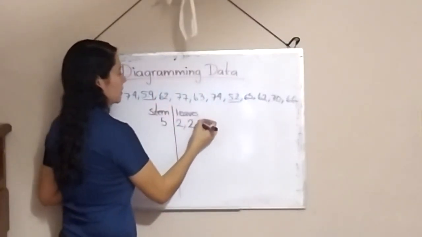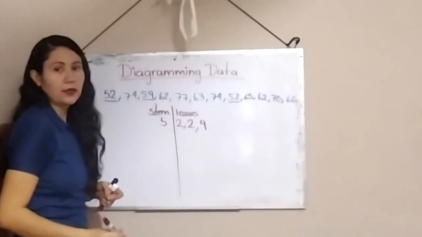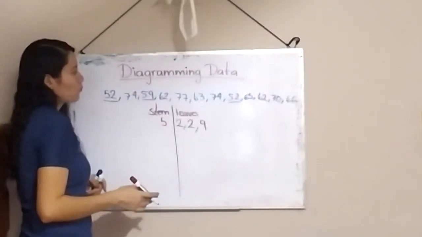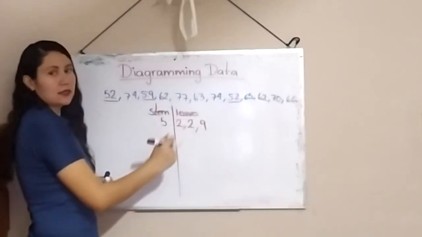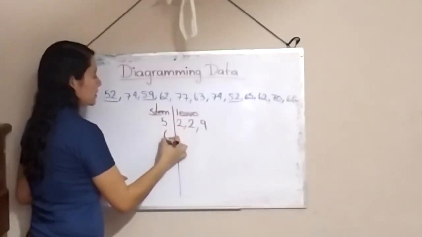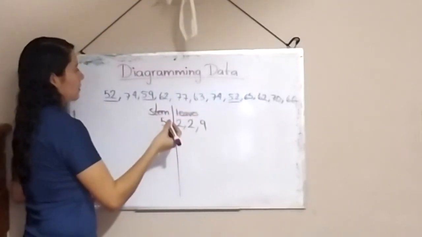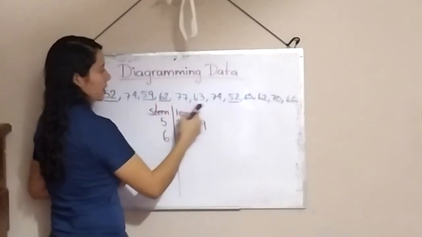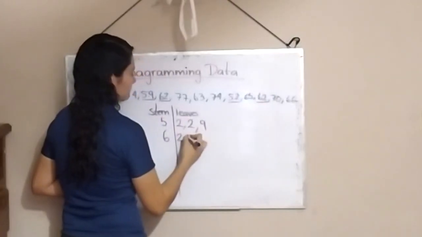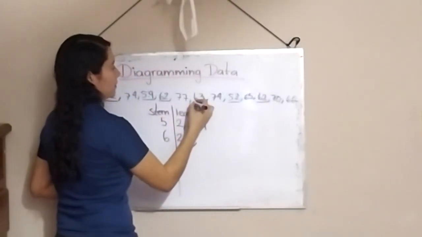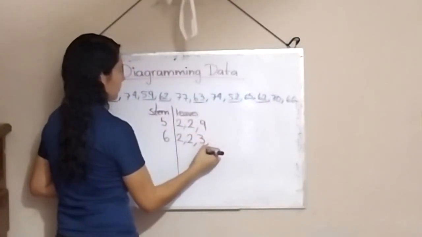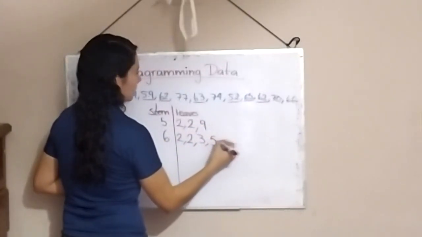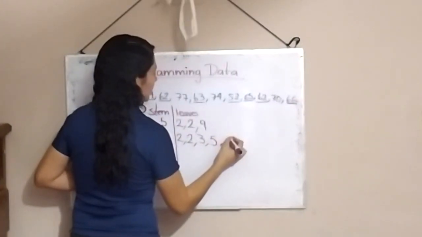We are going to write the 9 because the 5 is already in the stem. Next, we have 60s, so we are going to write the 6. And we have 62. We have another 62. We have 63. We have 65. And 66.